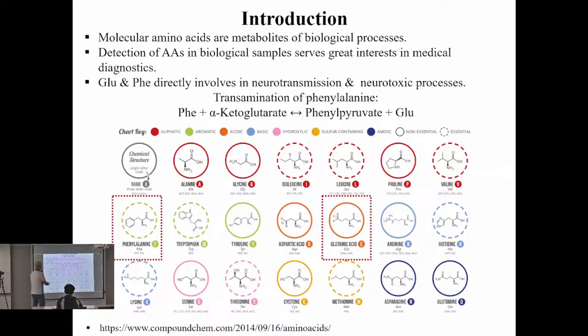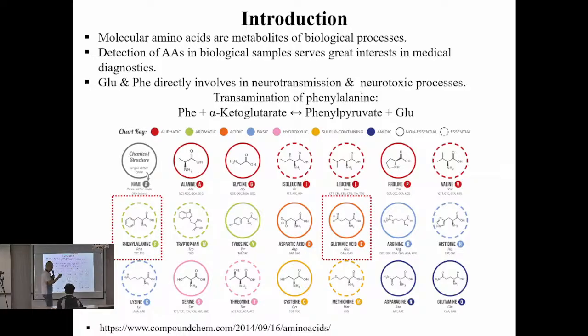Okay, so in this case, we kind of cook up the problem because we were approached by our analytical colleague to solve their problem. They are concerned with distinguishing these two amino acids, phenylalanine and glutamic acid. The transformation from phenylalanine to glutamic acid is the so-called transamination process, and this process is involved in many diseases, including Alzheimer's disease.